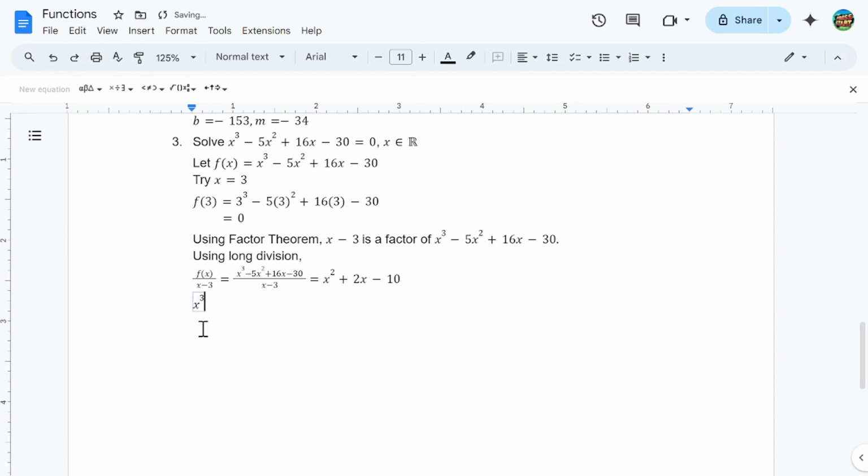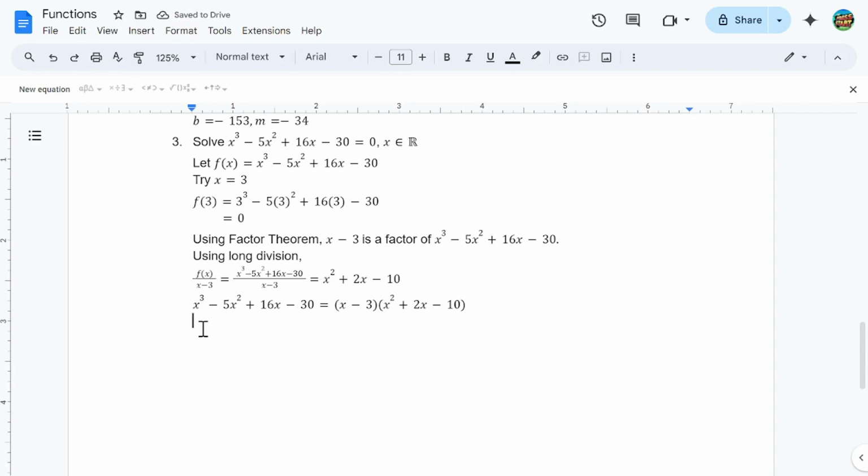So x to the power of 3 minus 5x to the power of 2 plus 16x minus 30 equals x minus 3 times x squared plus 2x minus 10. So we've written it out. What can we do now? For starters, we can now solve it.